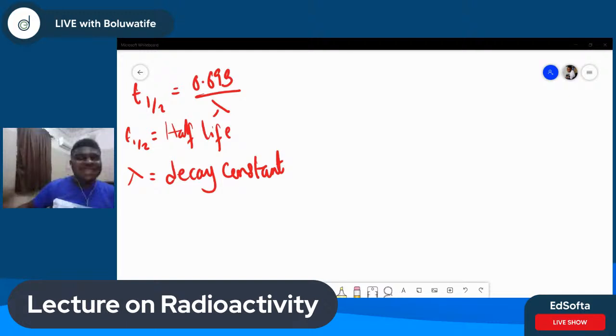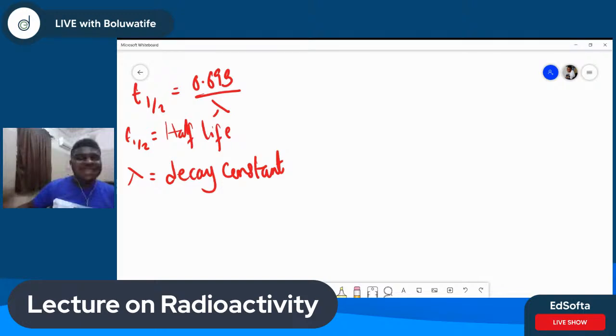So another thing you might be asked to do is to calculate the percentage of nuclei that will remain after a particular number of half-lives. The formula is pretty simple.